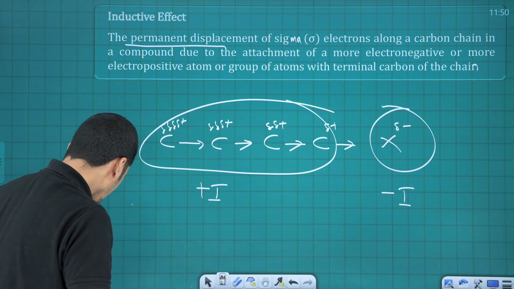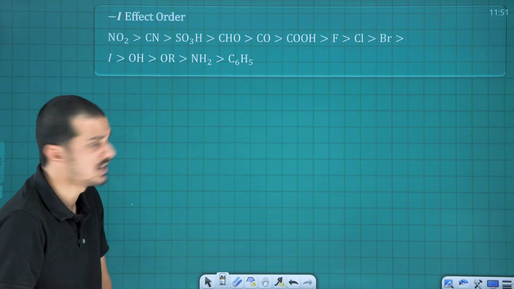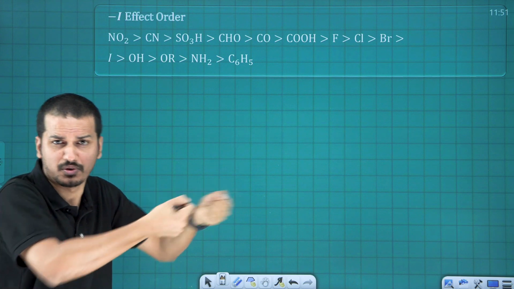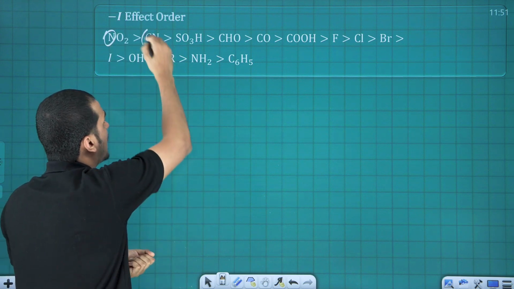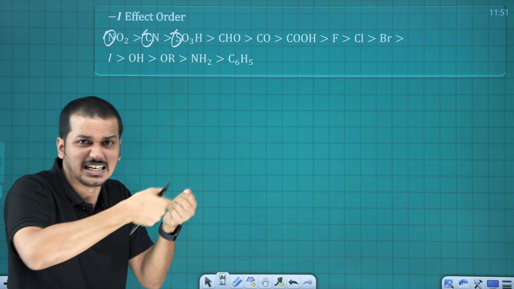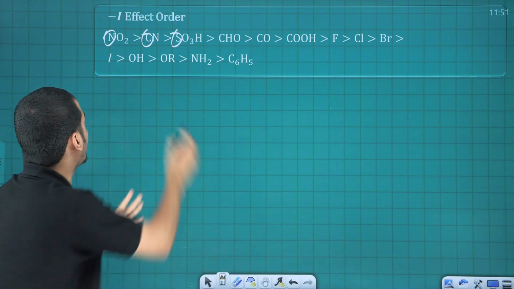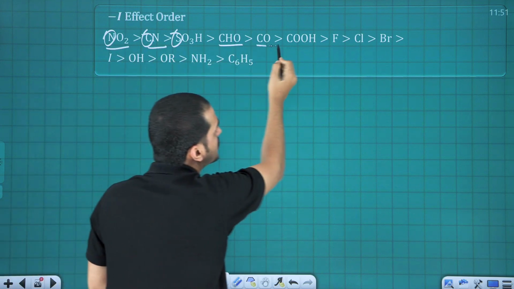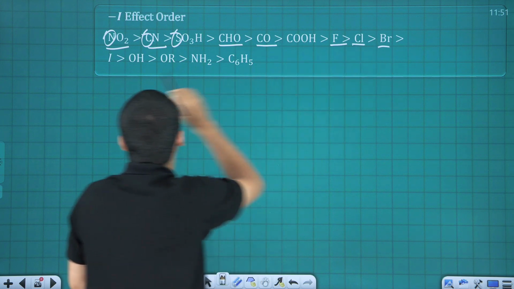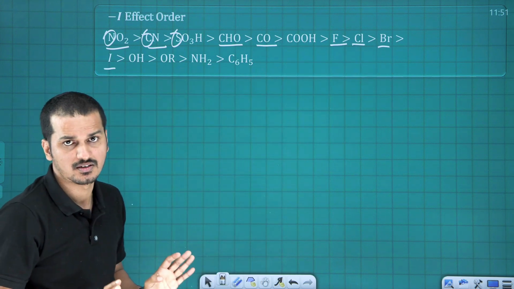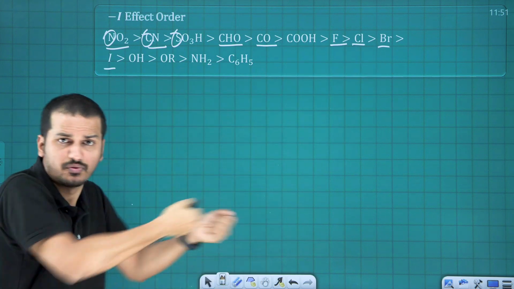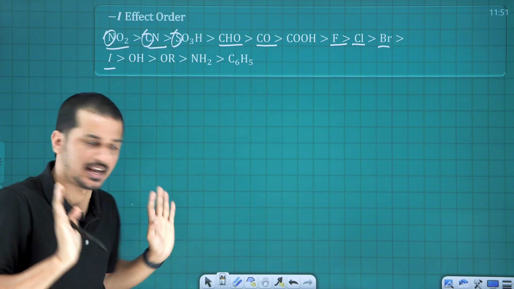In the case of the minus I effect order, the NO2 group is an electronegative group; nitrogen is there, carbon is there, S is there. Whenever an electronegative group is there, it has a tendency to withdraw electrons. Their order is this one. You have to remember at least NO2, CN, CHO, CO, F, Cl, Br, I. That order you have to remember. They have a tendency to withdraw the electron, then they will get a partial negative charge.